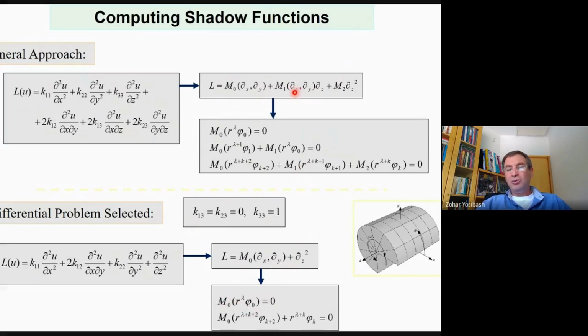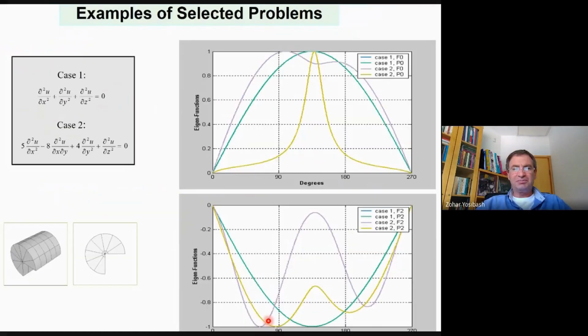I don't have M1, so this goes away, and I only have this equation, which I find here. If I have phi 0, I will find phi 2. If I find phi 2, I will plug it in here and find phi 4, and so on and so forth. And I can compute the entire three-dimensional solution, which are the shadow functions.